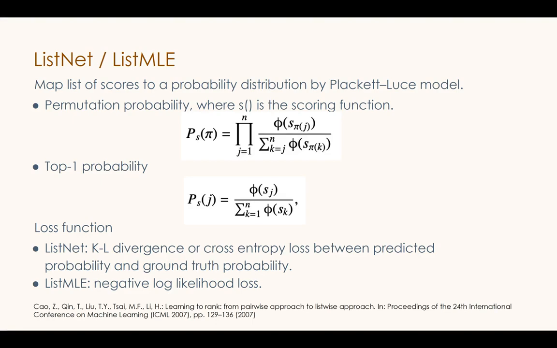So that actually causes very high complexity during training. So one way to simplify it is, instead of calculating all these probabilities, you only look at one example and look at the likelihood. So negative log likelihood loss can simplify this computation. So that's what ListMLE uses.